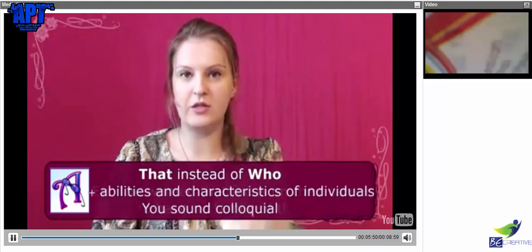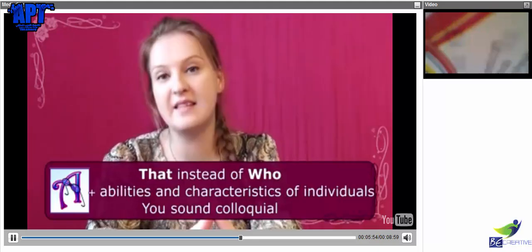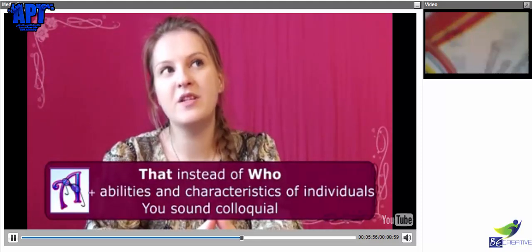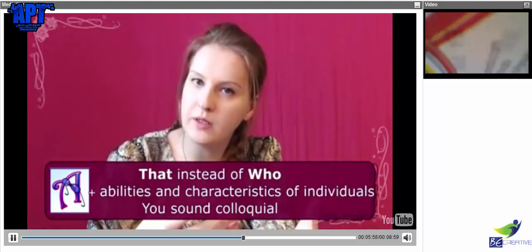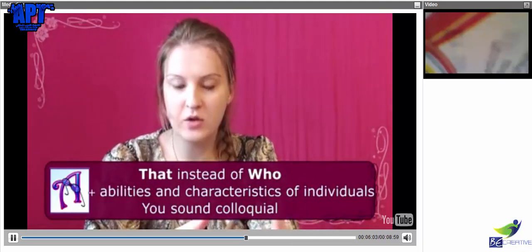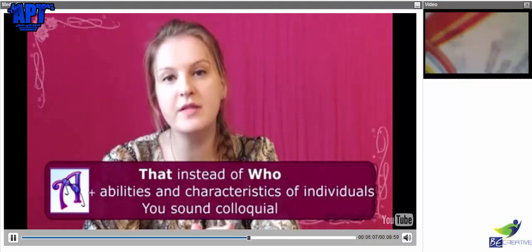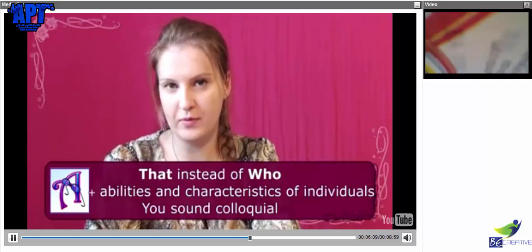Well, in addition, usually when we substitute who with that, our speech becomes a little bit colloquial or informal. So in this case we can talk about abilities and characteristics of individuals and groups of people.